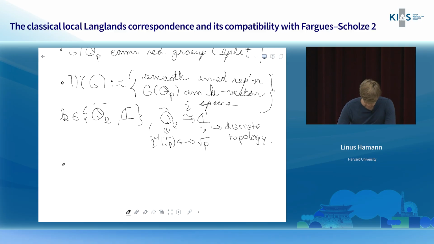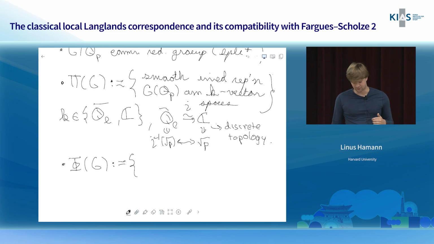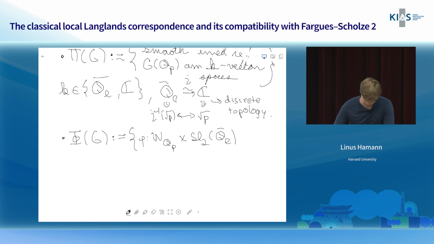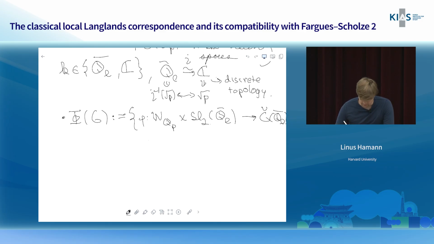So on the other side of the correspondence, I'm going to consider parameters. There have been multiple different conventions for how to think about parameters and some discussion about how to pass between them, but I'm going to think of parameters as just being given by some homomorphism from the Weil group of Q_p times SL2 over Q_l bar towards the Langlands dual group, G hat over Q_l bar, which I'm going to assume are Frobenius semisimple.